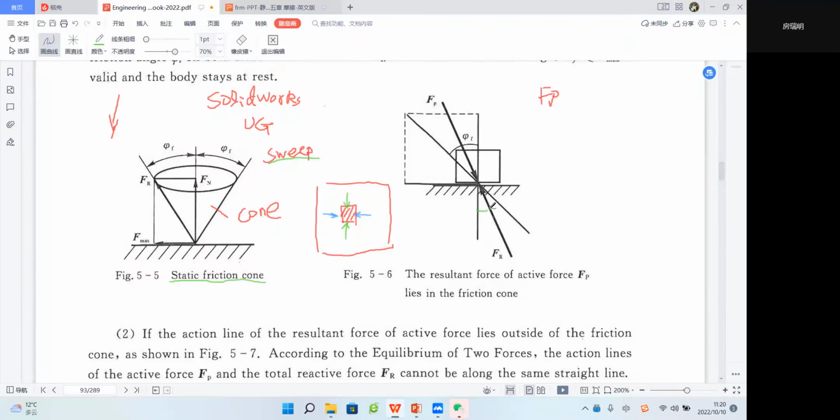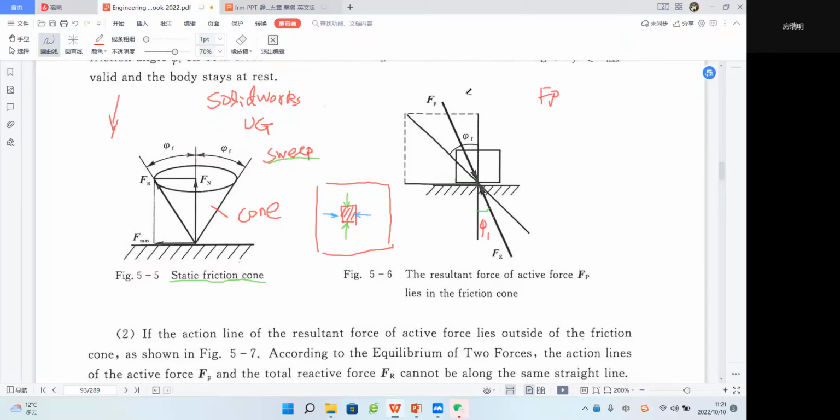So maybe this time we have an intersect angle. We call that phi1. Next time, maybe you have another active force. It's still inside, because its intersect angle with the normal line is always less than phi f.